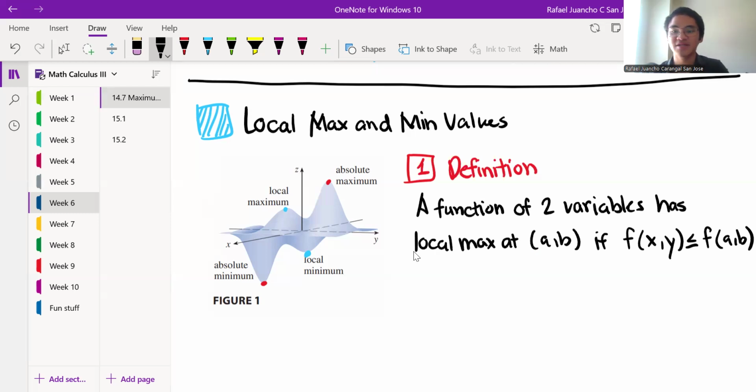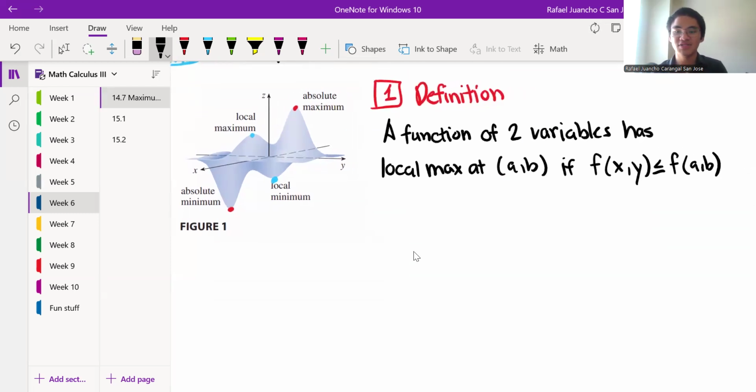So that's the mathematical definition. We're saying if there is a local max, my output is greater than most of my points in that quadric surface.